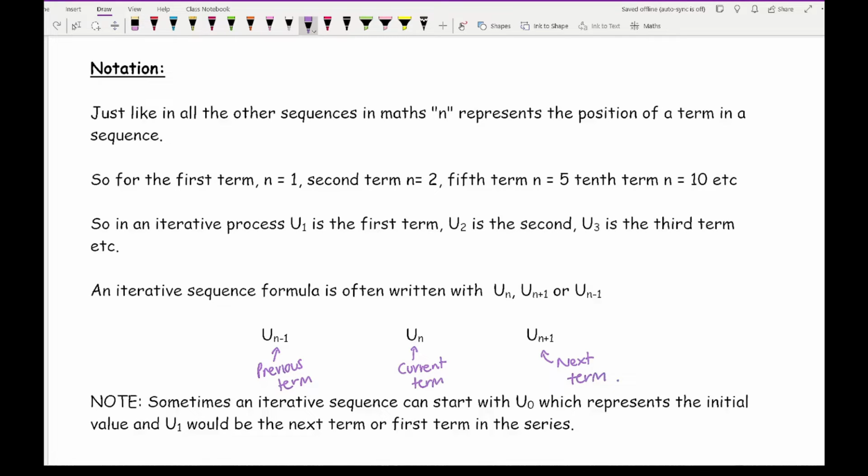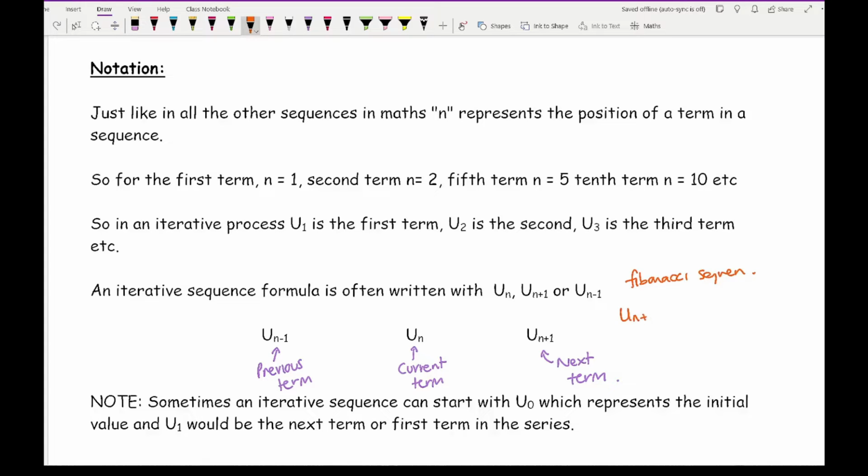Because if you try to write down, let's say, the Fibonacci sequence in the form of a formula, because it's a general verbal rule, it's really difficult to note down using algebra. So instead, what would make it helpful is using this notation. If we were to write down the Fibonacci sequence, it would look something like that.